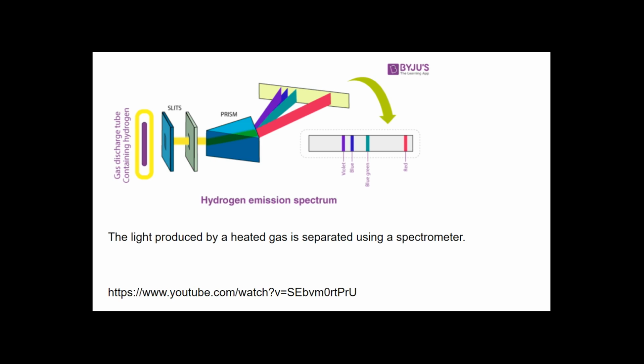As it says, the light produced by a heated gas is separated using a spectrometer. This is a simple spectrometer, and it simply separates light according to the wavelength. You can look at the YouTube video on it if you wish to.